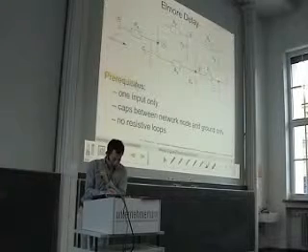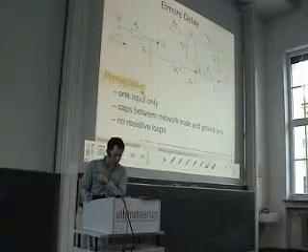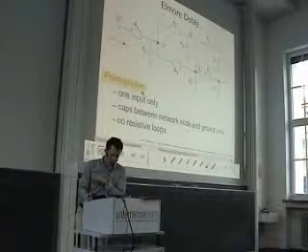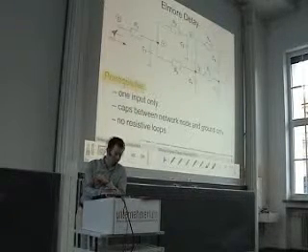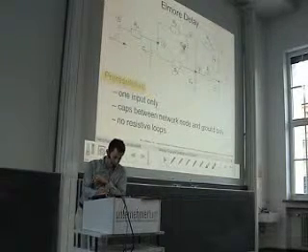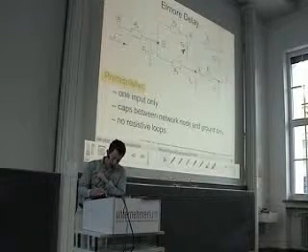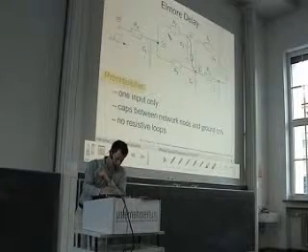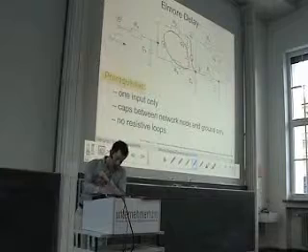It can be applied to circuits similar to the one shown here, circuits with R's and C's that fulfill the requirement that we have one input, that we have caps from each node to ground, and that we have no resistive loops. A resistive loop would be if we have here a resistor to this node, for instance; then we would have a resistive loop here. So this should be avoided.